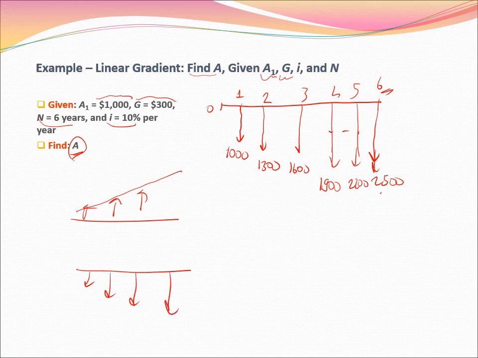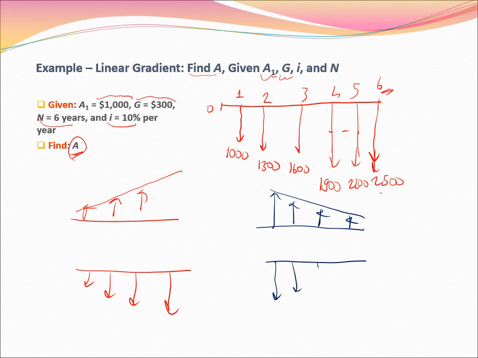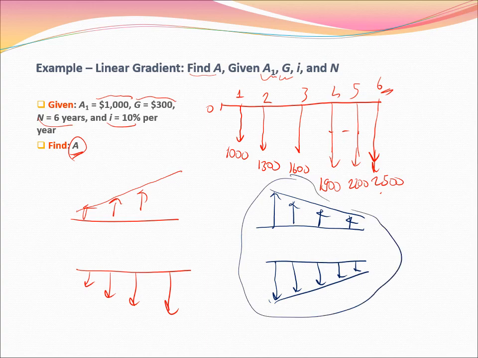Don't confuse this with the decreasing series. In a decreasing series, if you sketch the arrows upward, it will be something like this. So this is a decreasing series. Or if we represent the earnings, then a decreasing series will be like this. So these are the decreasing series and these are the increasing series.